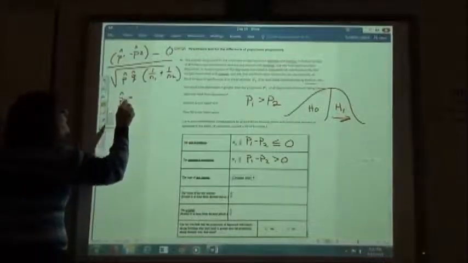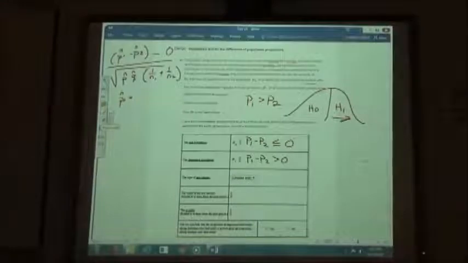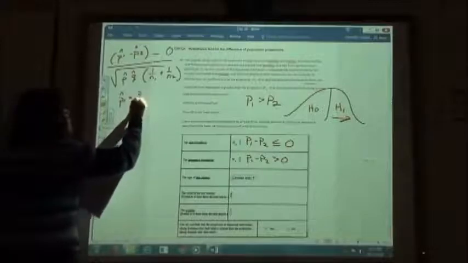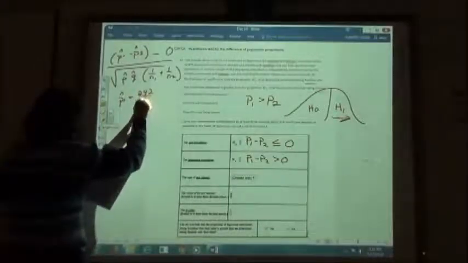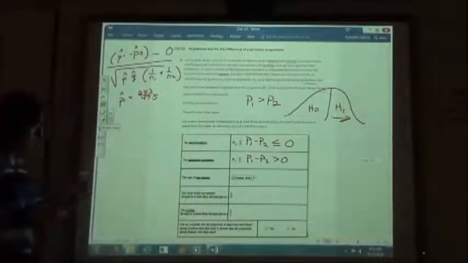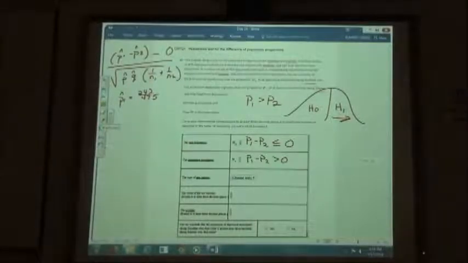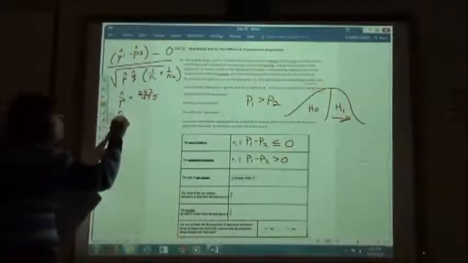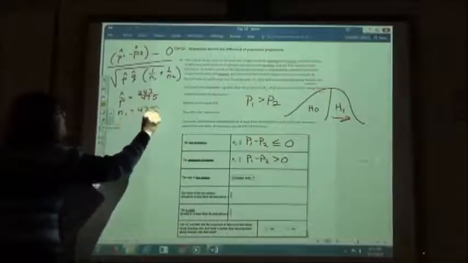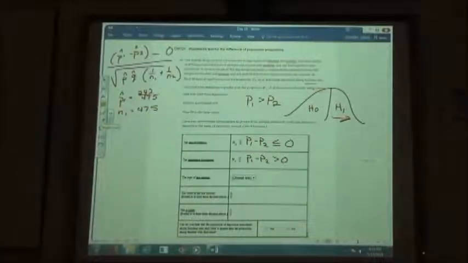P hat 1 is going to be the proportion from sample 1. On sample 1, 242 found relief out of the 475, so 242 out of 475. N1 in this case is 475.